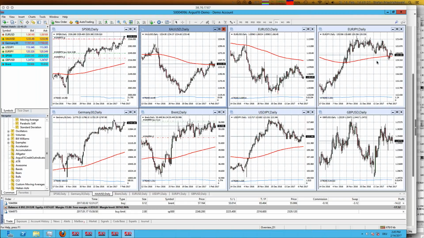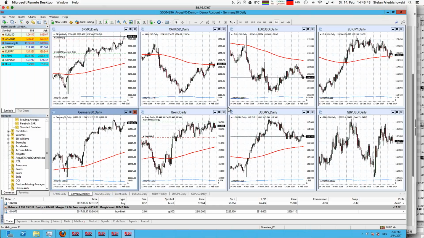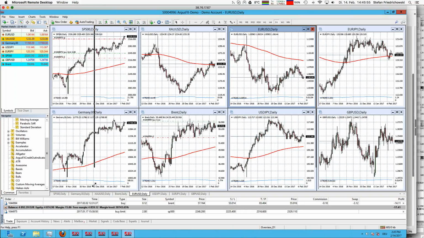Now what we want to do is set up a chart with this multiple EMA behavior. Let's take euro, US dollar, and I will make the chart a little bit bigger, so that we have that one right.